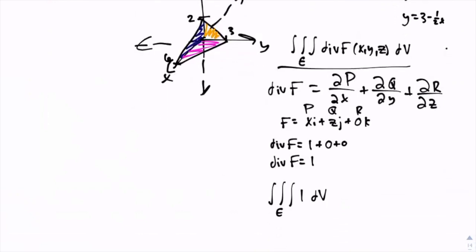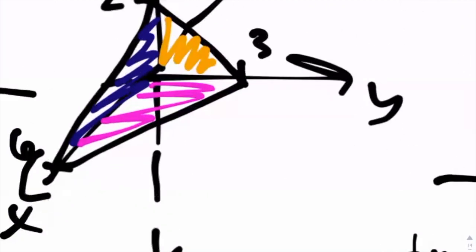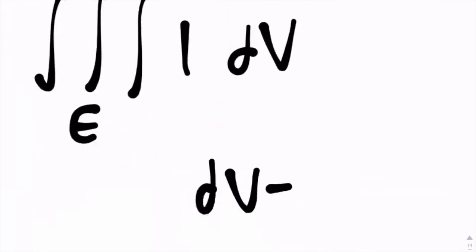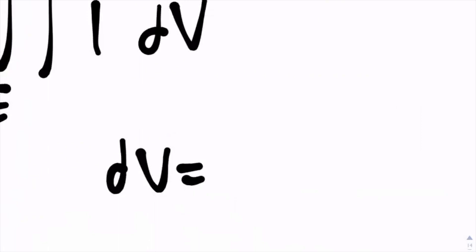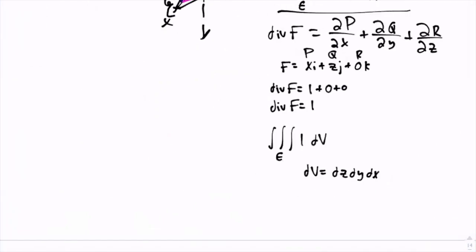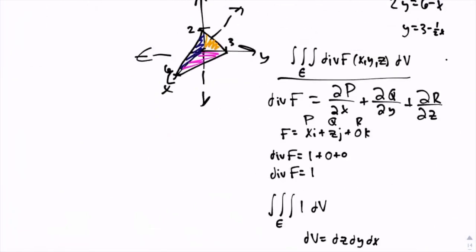So the way I'm going to go about doing this is by setting up limits for my integral. So I'm going to say that for this specific problem, I'm going to find dV to be dz dy dx. And let's see what our bounds should be.